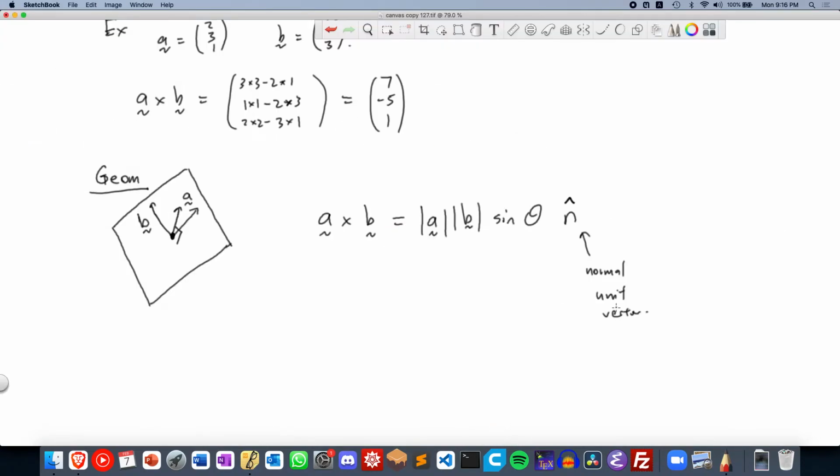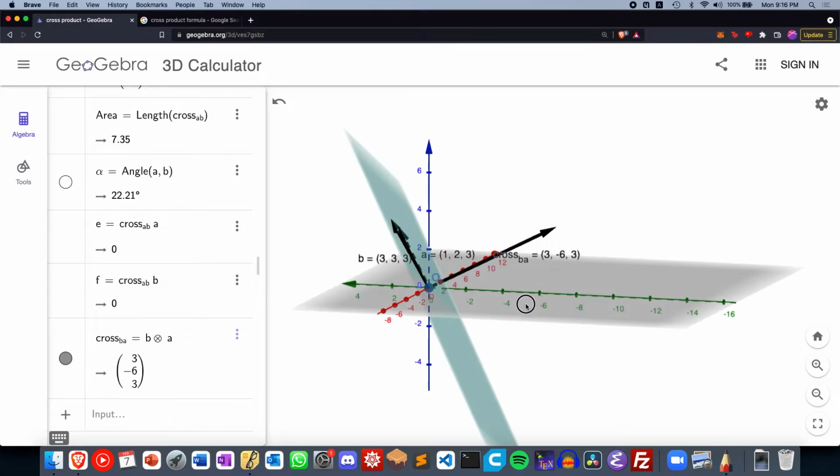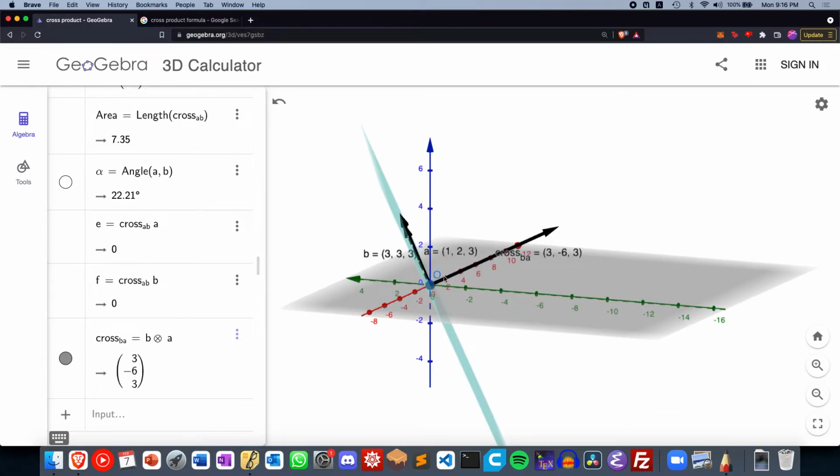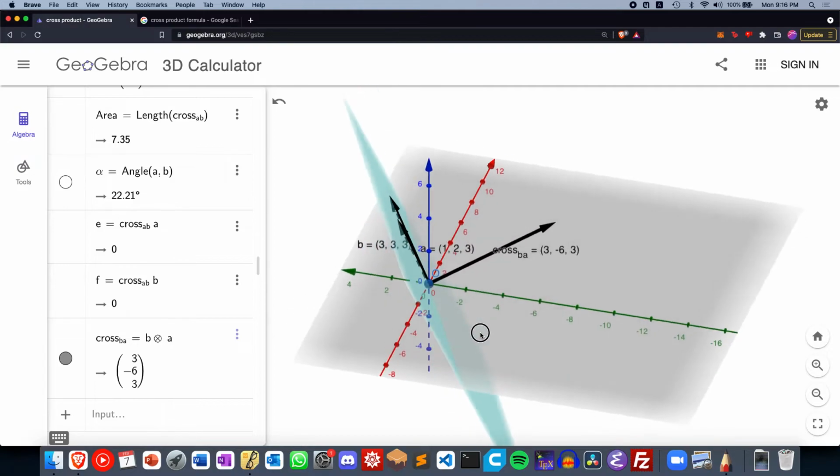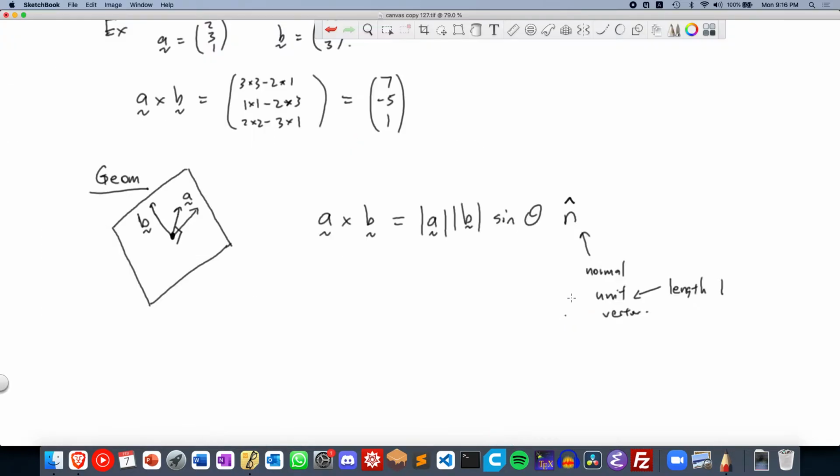So this is the normal unit vector, which means that a unit vector is length 1. There are two such vectors pointing in opposite directions, but there's a sign convention to go with it. So it will be a vector that's pointing perpendicular to the plane that is spanned by both of these A and B vectors, and so this tells you the direction.